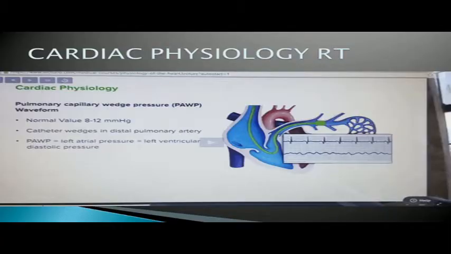So a catheter is inserted in the lab to measure pressures from the right atrium through the tricuspid valve, and the difference in pressures as the catheter is moving, as depicted on this image, from the superior vena cava into the right side of the heart, and from the right ventricle it goes into the pulmonary artery until it wedges into the distal portion of the pulmonary artery.